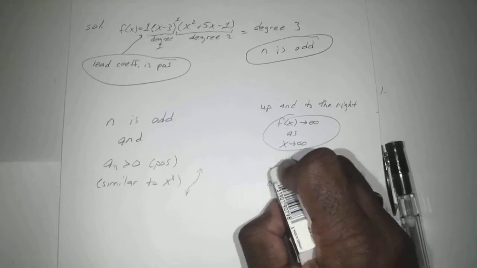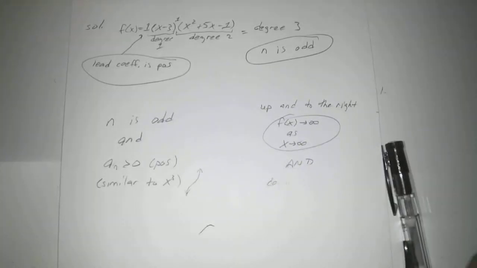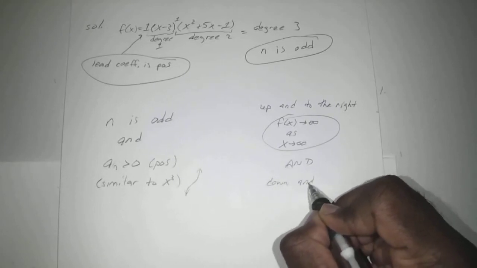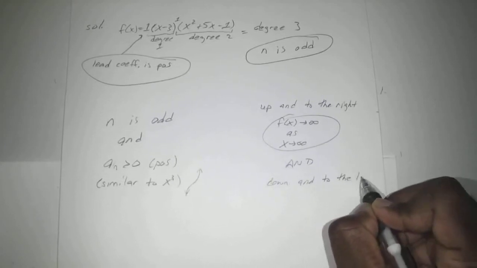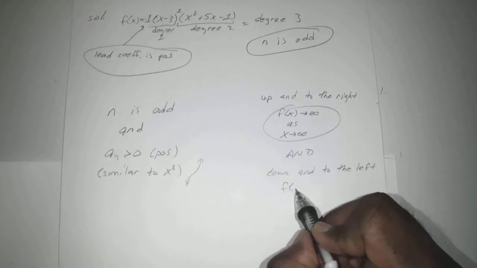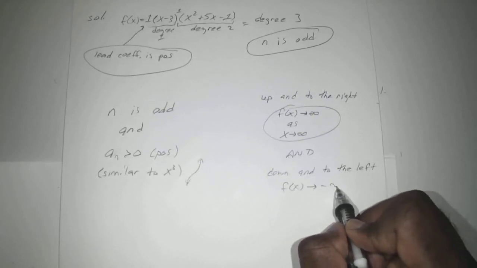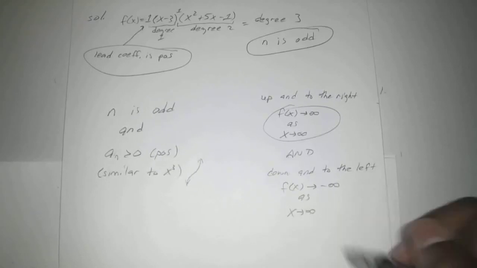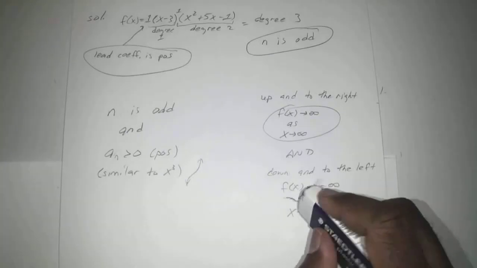I don't know why I put a U there instead of a W. Okay, so since it goes down and to the left, that just means that f of x approaches negative infinity as x approaches negative infinity. Forgot my negative.